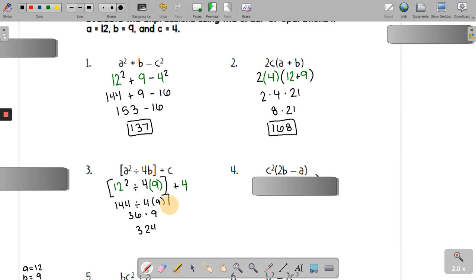Then we have to still bring down that plus 4. We cannot forget about our plus 4. So 324 plus 4 is 328.